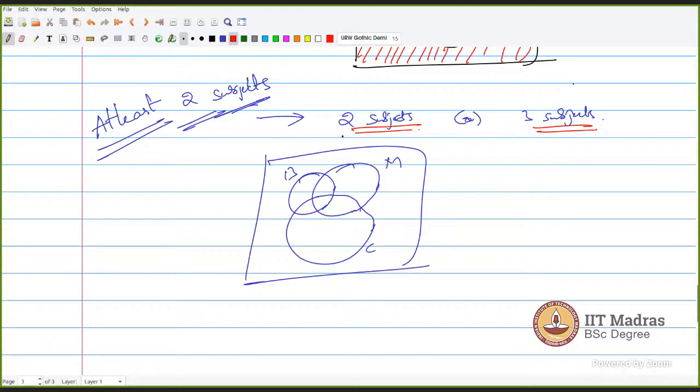Students choosing two subjects is this and this and this. This is about two subjects. Three subjects is again this light blue thing inside. So I have to find this red region, three red regions, plus this blue region only once.